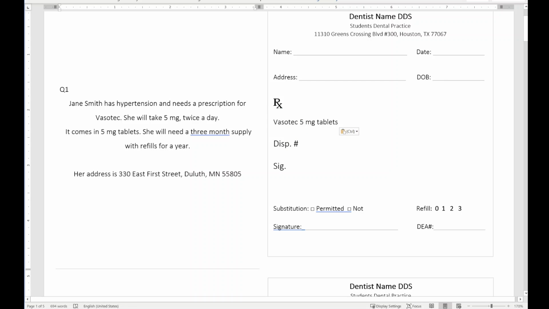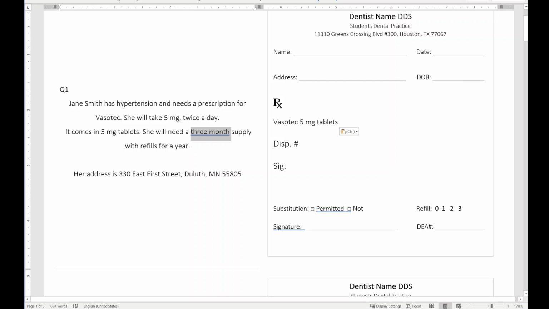So how many days is a 3-month supply? It is 90 days, right? And if the patient is taking 2 tablets a day, they need 180 tablets to be dispensed. That will be enough for them for a 3-month supply, right?